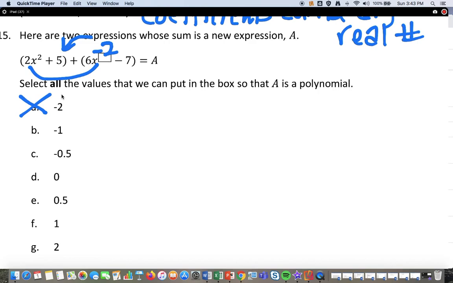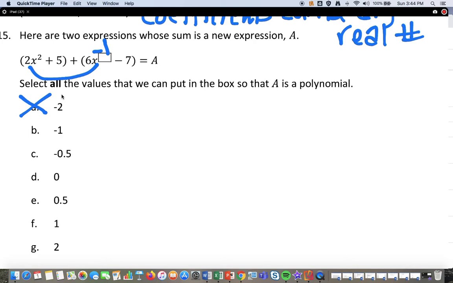If we put negative 1 in there, the same thing will apply. If we put a negative 1 here, we would get 2x squared times 6x to the negative 1 would be 12x to the positive 1. But then when we multiply here, that's where our red flag comes up. We can't have that.